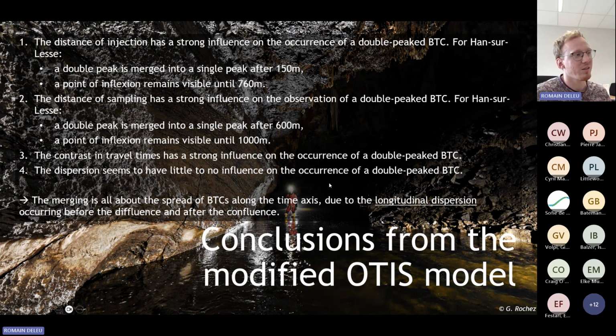If we inject or measure further from the system, well, we have longitudinal dispersion affecting the curves, which makes them spread along the time axis, which can induce the merging. So yeah, the longitudinal dispersion occurring before the system and after the system is very important for the observation of a double peak.